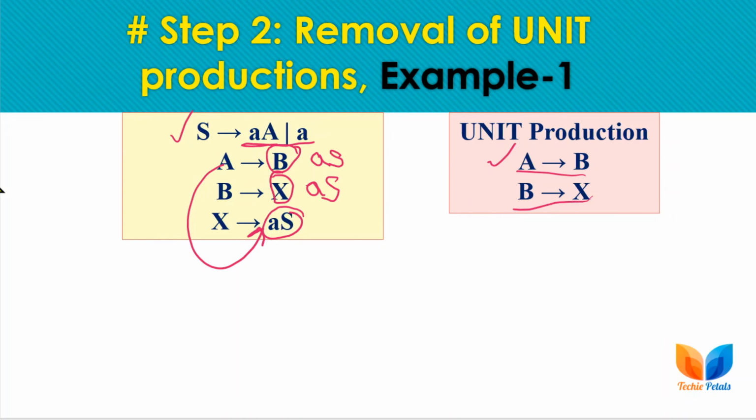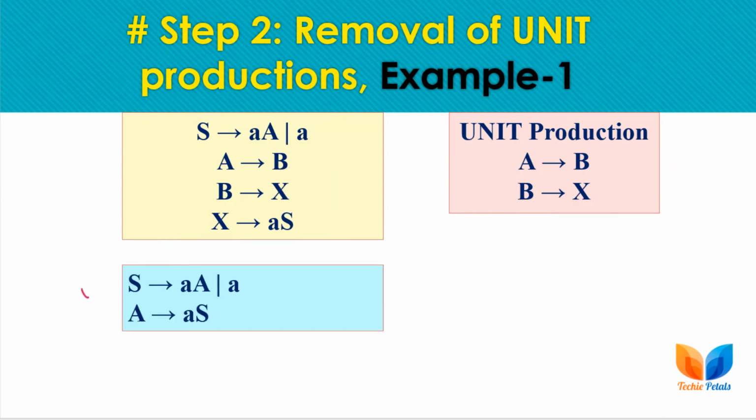So here is a simplified grammar where we have A deriving the same production rules. Now A is directly deriving this final string and we have removed these intermediate steps. So here is a simplified grammar of this given production rules.